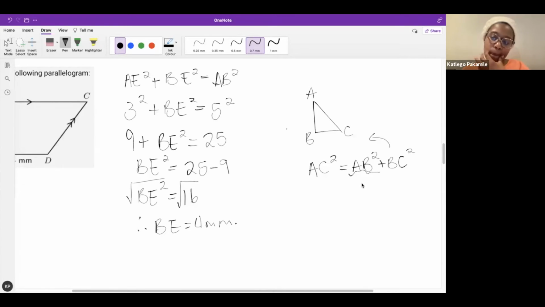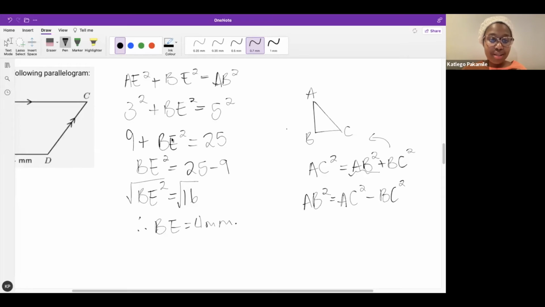So if you get AB alone, you're going to have AB squared equals AC squared. What's going to happen to BC squared when it goes over the equal sign? You're going to subtract it. It's going to be a minus. Do you see you can't always add? So even if you want BC, you're going to transpose AB.